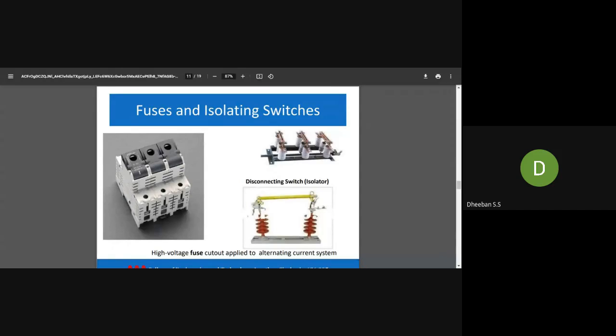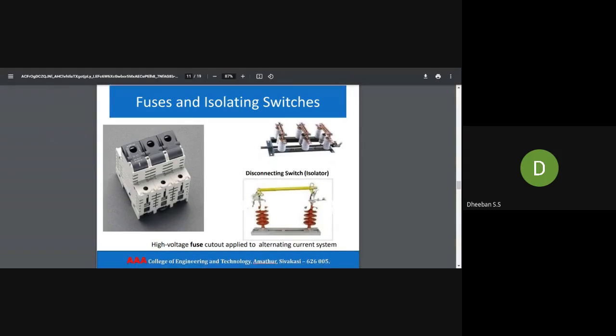The current will be maximum during a short circuit fault. At that time, to protect the other equipment, your fuse is where the short circuit current first takes effect. Your fuse gets blown out, so you have to change your fuse separately.